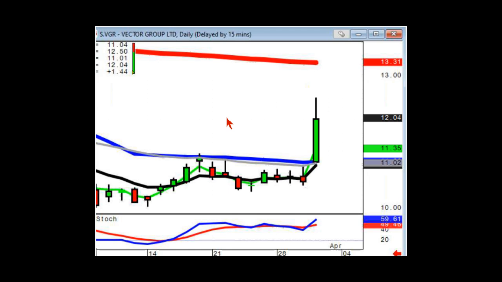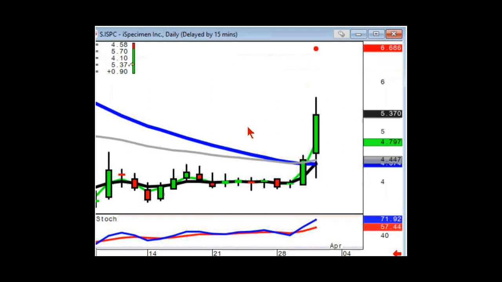This one was on an upgrade, so a little bit more suspicion as far as follow through. SISP broke out today after that big breakout signal yesterday, a left-right combo up through the T-line, up through the 50.